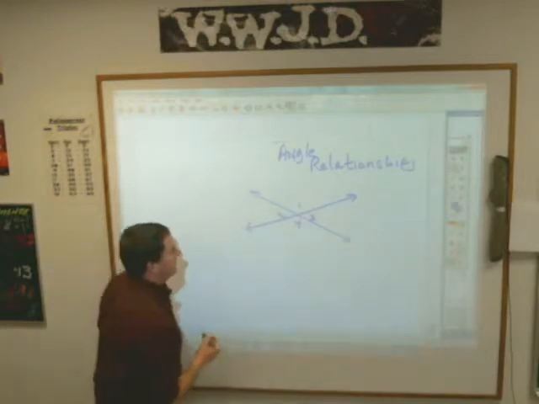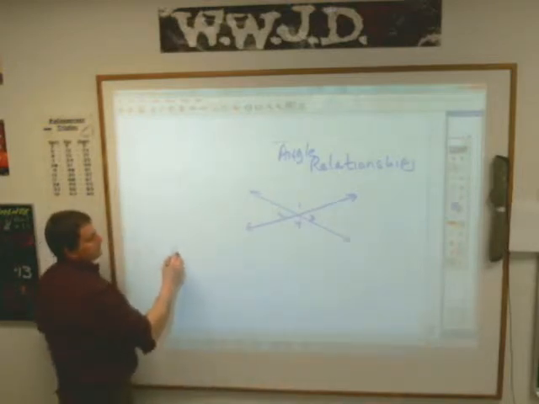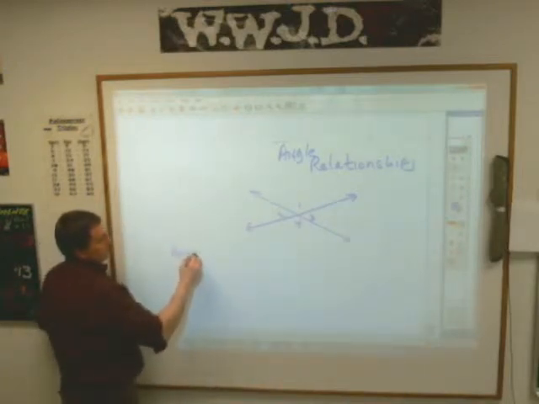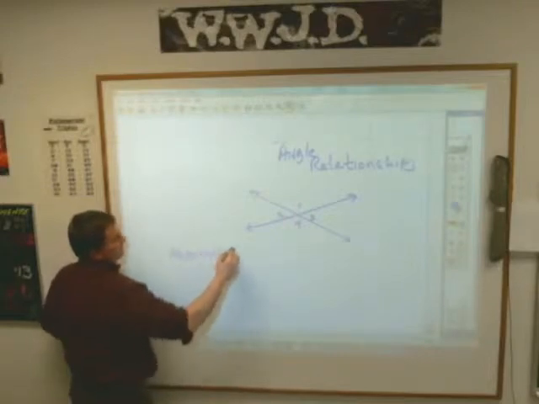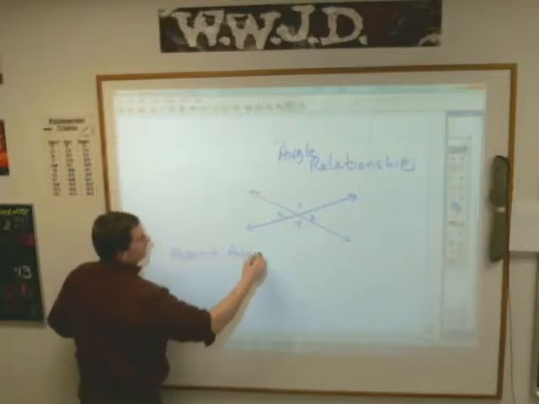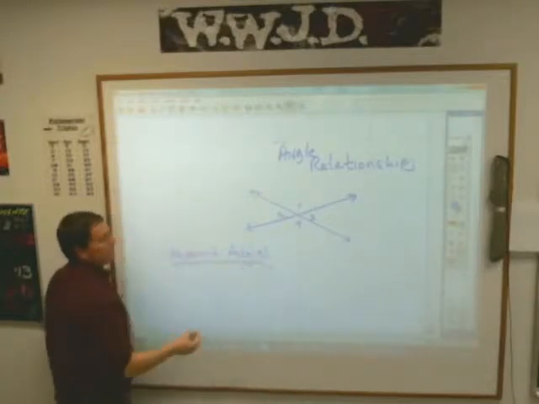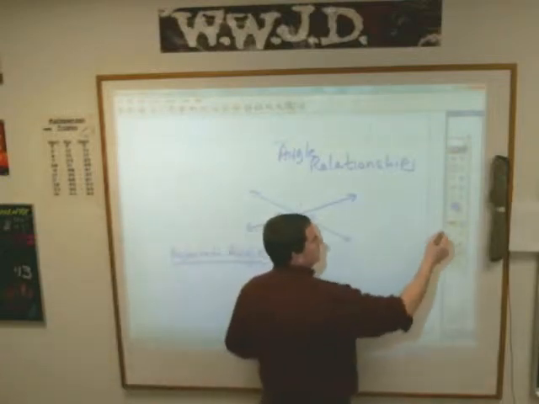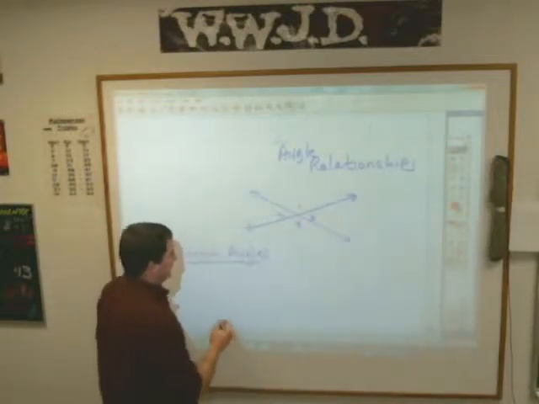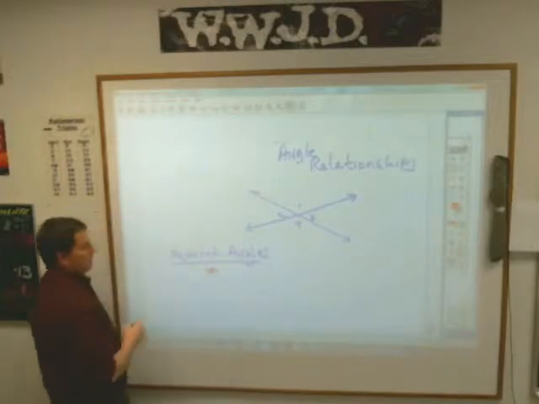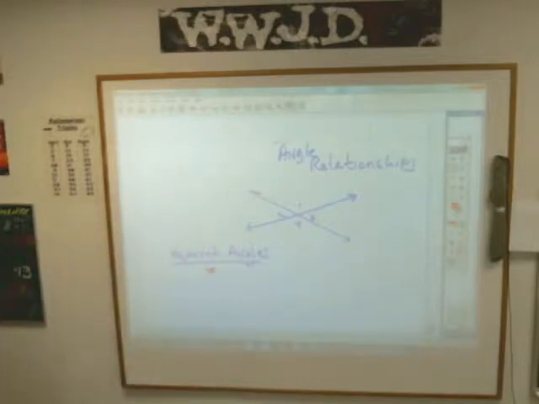All right, the first one, write this down: adjacent angles. By the way, if you like this, you will like geometry when you get there. You won't be able to take geometry till at least you're in 9th grade, but this has to do with a lot of geometry stuff.